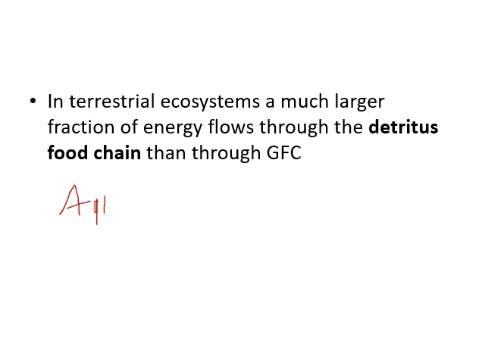In case of aquatic ecosystem, since plants are less, the amount of organic matter present is very less. So decomposition process is less, because the amount of organic matter is less. So the major conduit for energy flow is GFC in case of aquatic ecosystem.